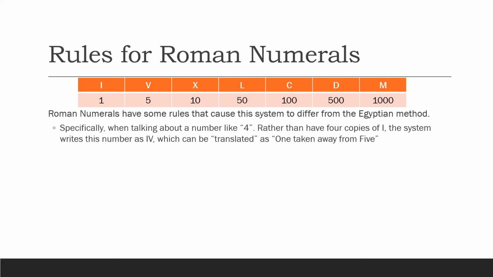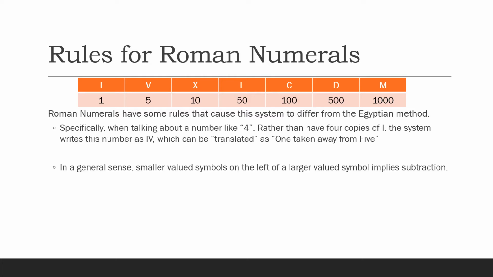Rather than having 4 copies of I for a number like 4, we write IV, which is translated, sort of, as 1 taken away from 5, which is different from something like VI, which would be an addition. In the general sense, when the smaller valued symbol is on the left, that implies subtraction, and when the smaller valued symbol is on the right, that implies addition.